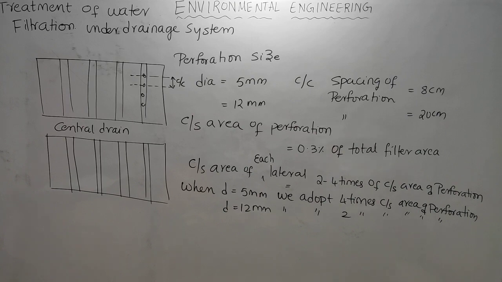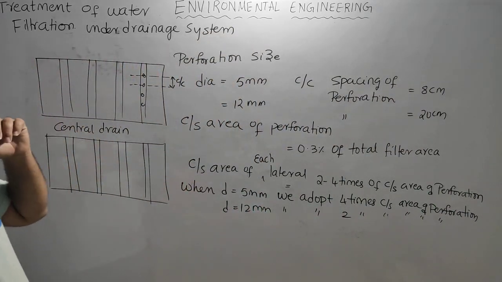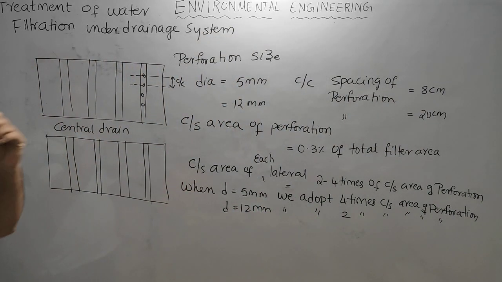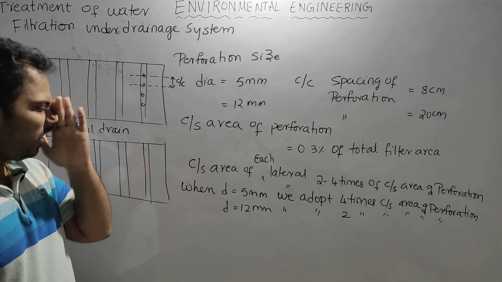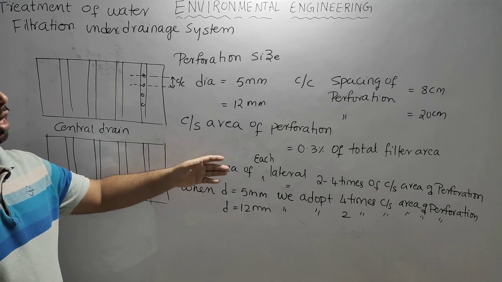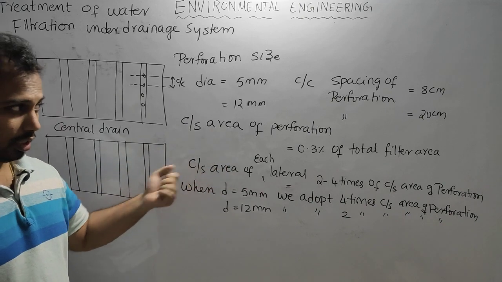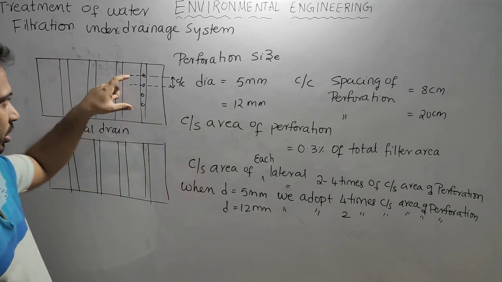Okay. Now here we have known the lateral cross section area and the cross section area of perforations, the total number of perforations, and the spacing of the perforations. Then we will understand how many laterals are needed depending upon the number of perforations needed.